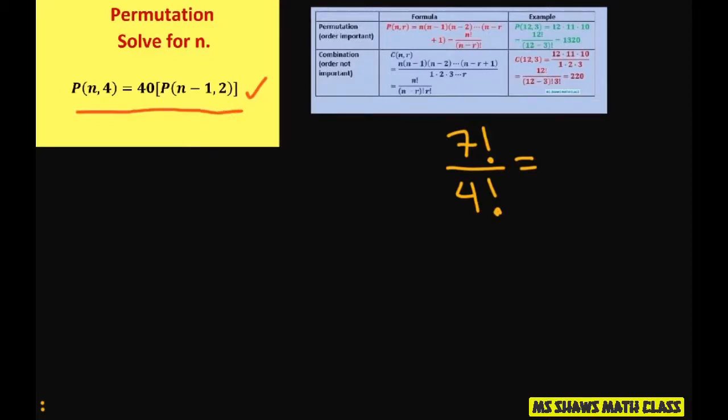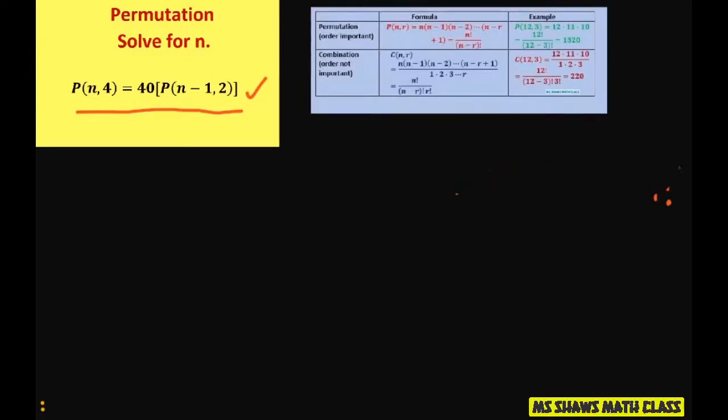Basically, you can write this as 7 times 6 times 5 times 4 factorial divided by 4 factorial. Then you cross those out, and then you just multiply that. That'd be 30 times 7, which is 210. So that's the concept we're going to use for our formula.